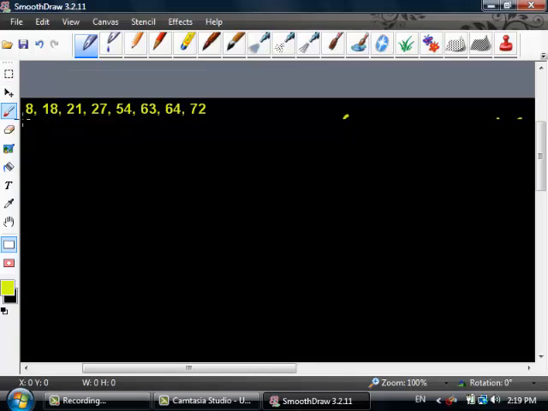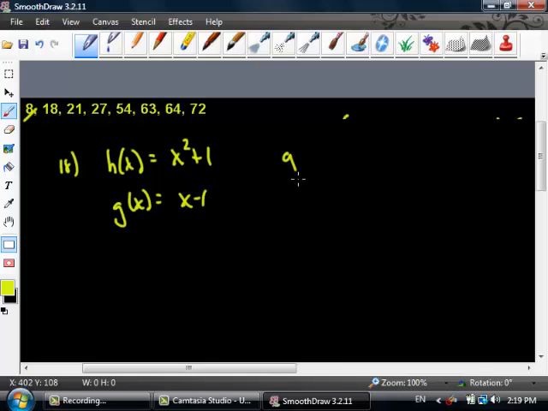Number 18, we are composing functions together. So it says h of x equals x squared plus 1, g of x is equal to x minus 1. They're asking to find h of g of x. Now remember, when you see this, I tend to convert this into h of g of x.